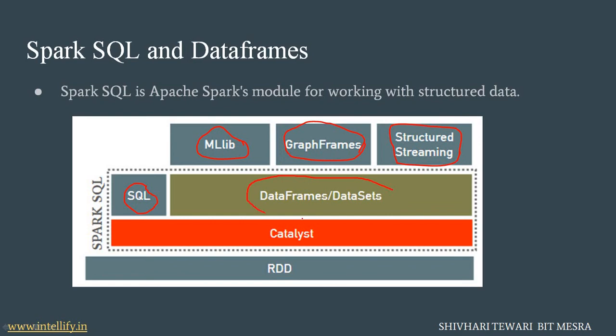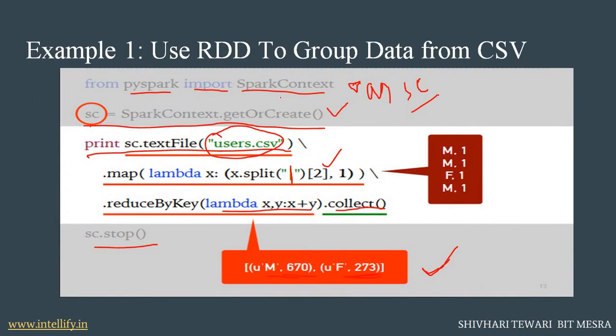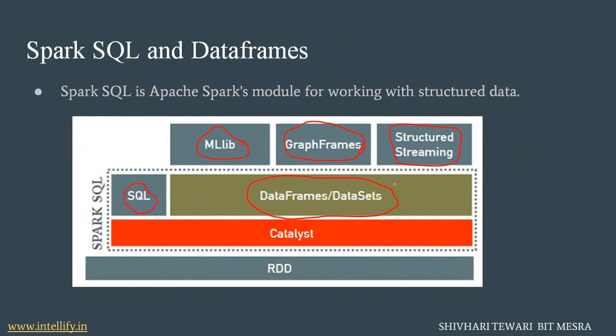Then the data frames and data sets, which are already installed in Spark, like in the previous section where we took Spark context. So these are the data sets which are already installed in Spark. Then there is Catalyst.